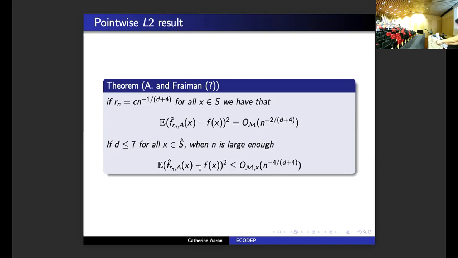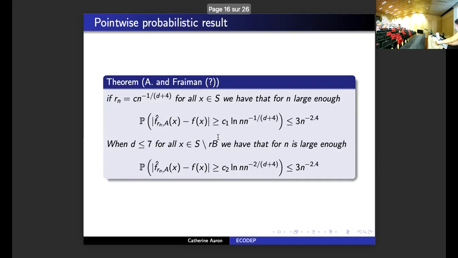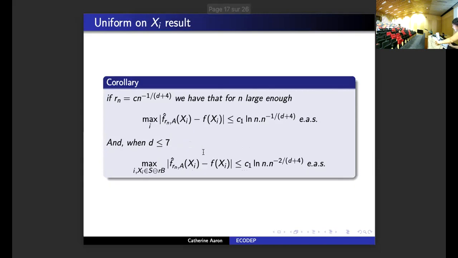So we have that for the expected square of the error. We can derive rates of the same order, up to a logarithm, for probability and deviation inequality. And what we get is that if I take all the observations with exactly the same rates, for all observations our estimation doesn't differ too much from the true density.